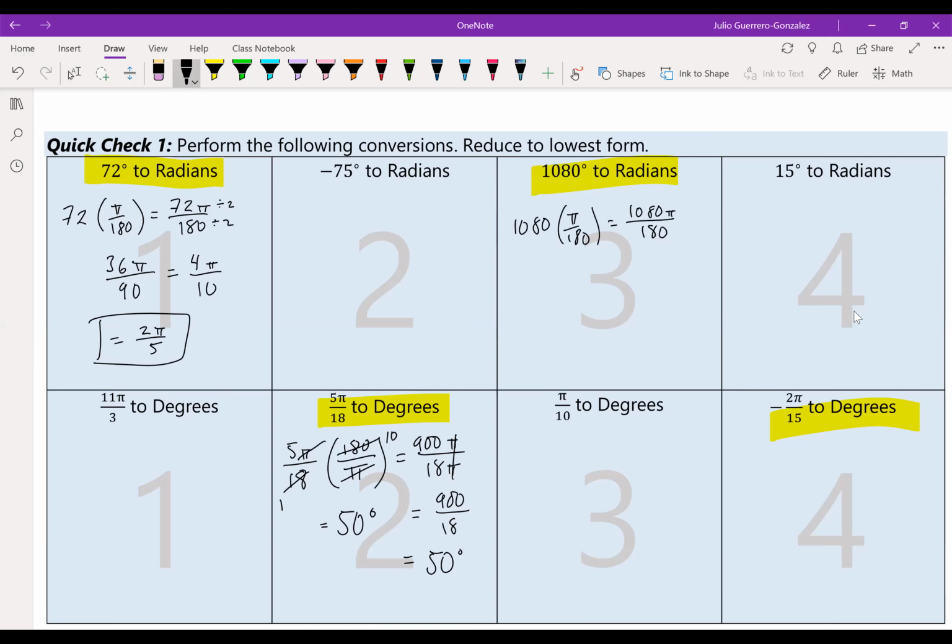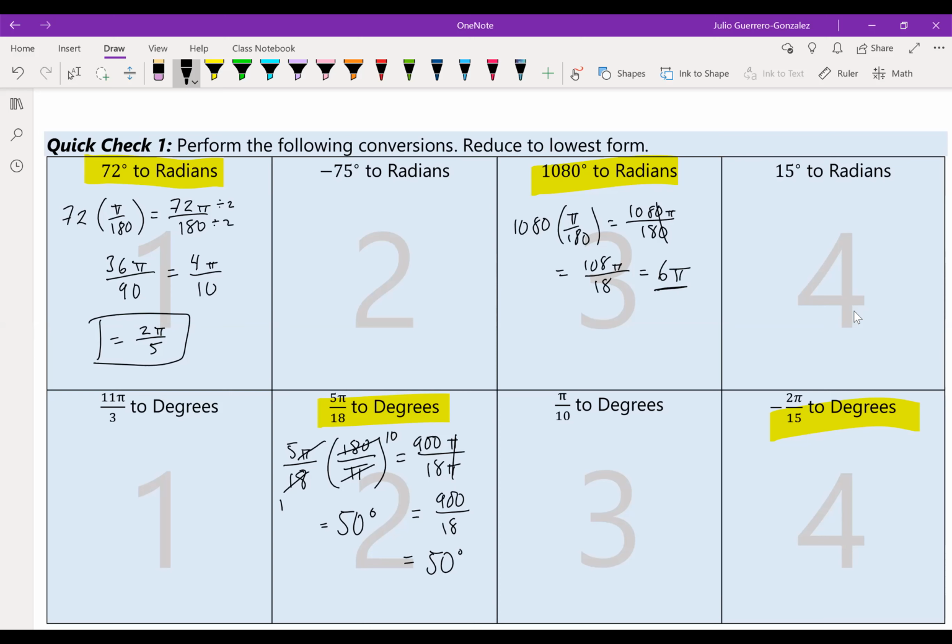So I can automatically reduce, right? I think 108. Yep. 6 pi. And it makes sense, right?